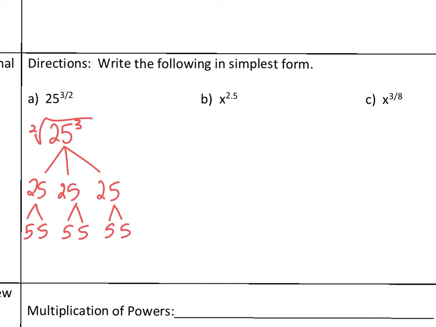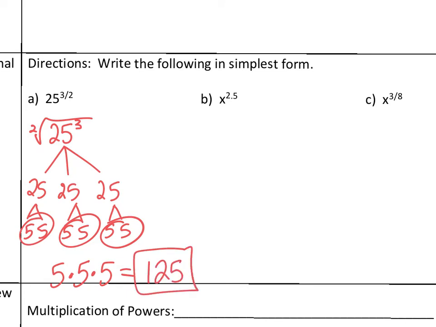I'm looking for groups of 2. And how many do I have? 3. 1, 2, 3. So this is just 5 times 5 times 5, which is 125. And that's my answer.